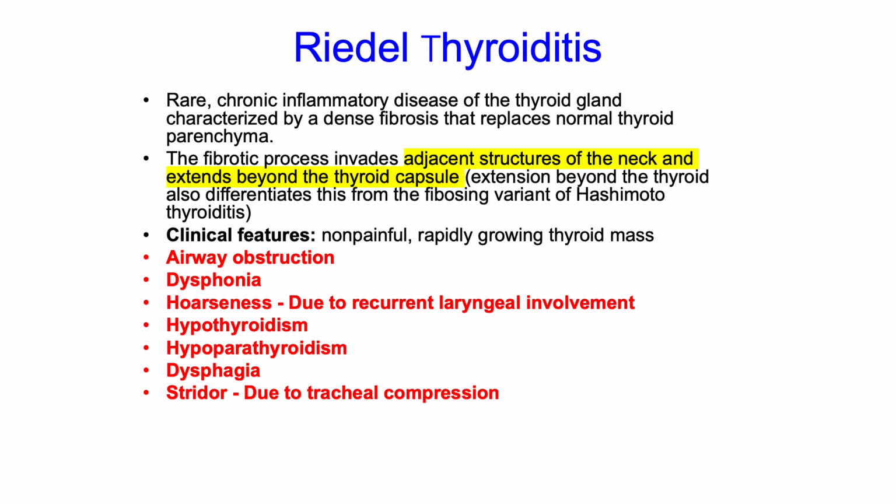This fibrotic process invades the adjacent structures of the neck, and it usually extends beyond the thyroid capsule. It produces various symptoms like airway obstruction, dysphonia, hoarseness is classically seen, and due to thyroid destruction, hypothyroidism, and even parathyroid glands may get destroyed. So hypoparathyroidism is also seen. Dysphagia and even stridor may be seen due to significant tracheal compression.